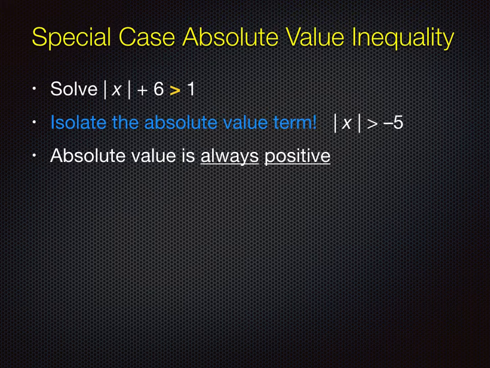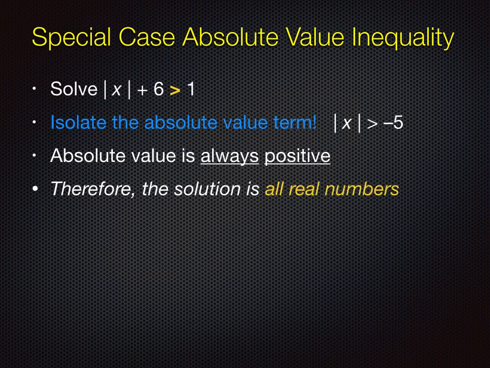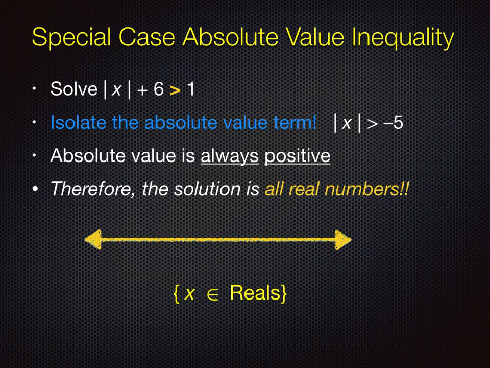Therefore, the solution to this inequality is all real numbers. The absolute value of all real numbers is greater than negative 5. So when you start with your number line, what you want to do is shade that in another color or darker, and with symbols you can say x is a member of the reals. Any real number solves that original inequality.